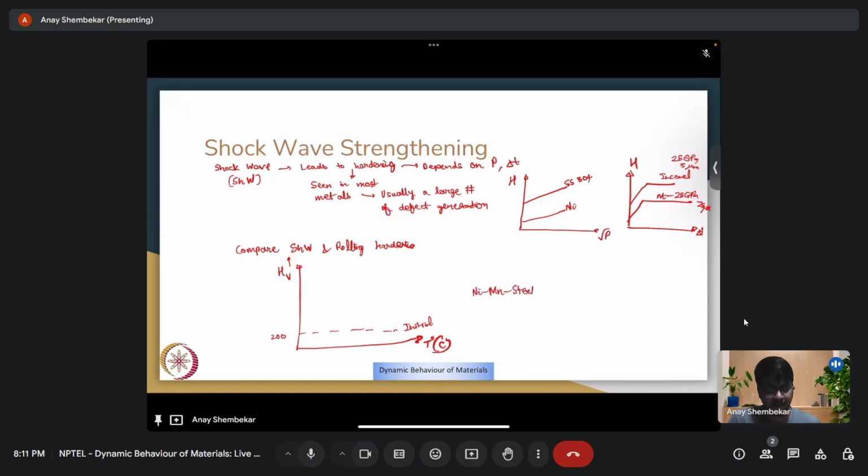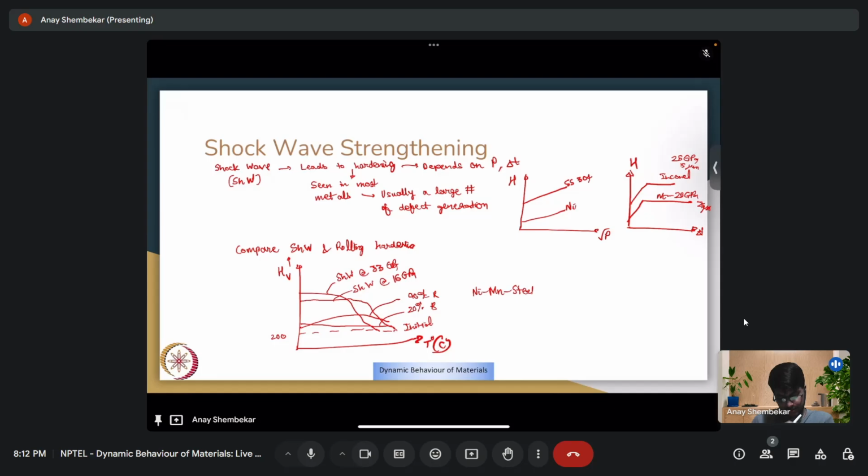So as rolling increases, you have this 20% roll, this is a 40% roll. But with shock wave, you can have something like this shock wave at 33 GPa, and this one is shock wave at 16 GPa.